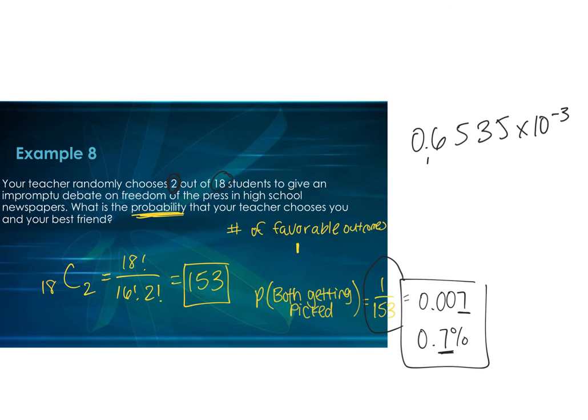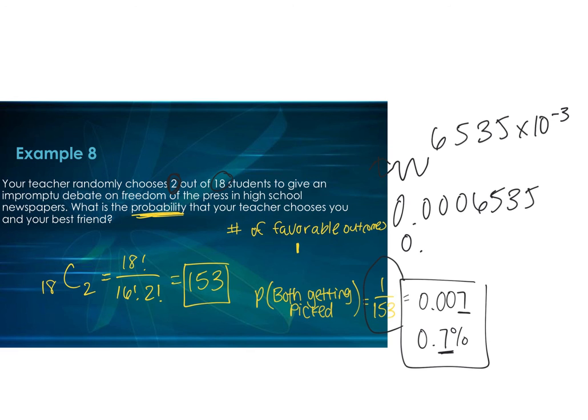Just move your decimal 3 places to the left. It was 6.535 times 10 to the negative third, right?